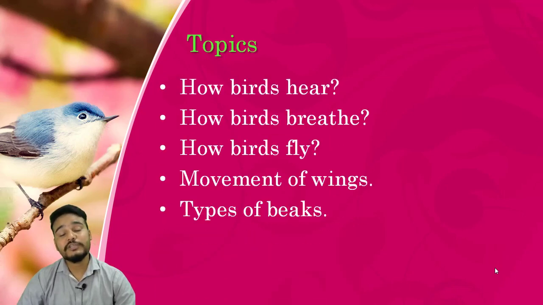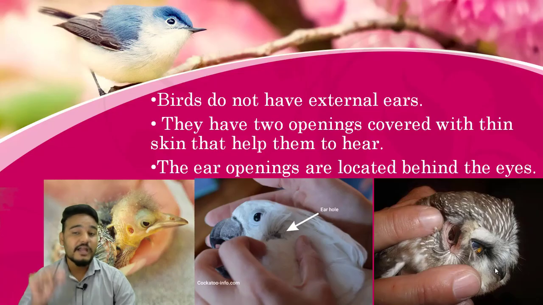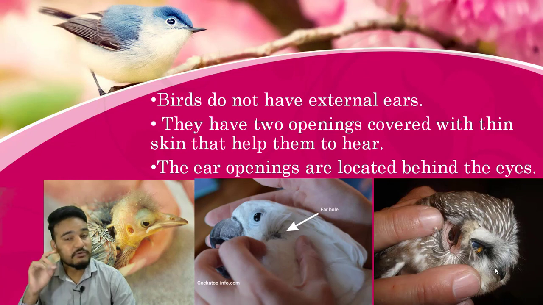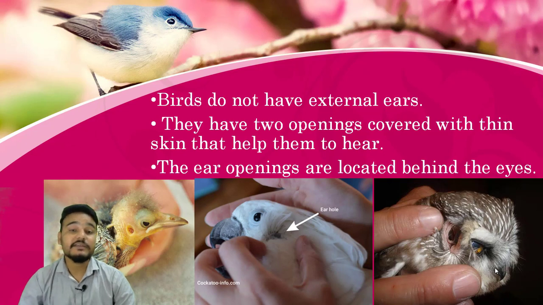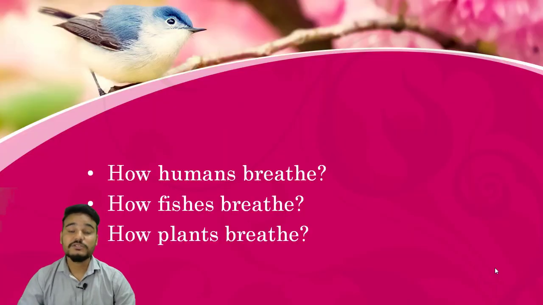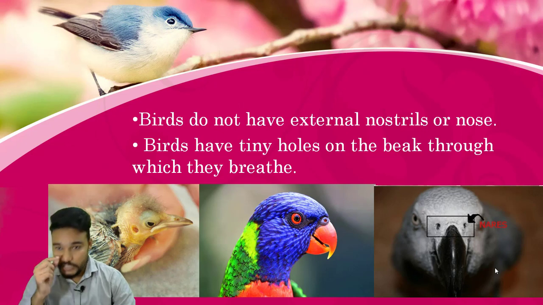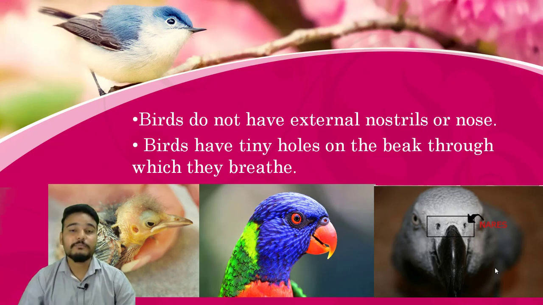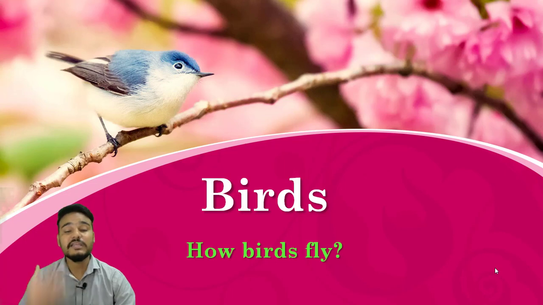Then we have seen how they hear. They don't have external ears, so they have small openings behind their eyes. Then we have seen how birds breathe. They have two holes on their beak, and using that they breathe.